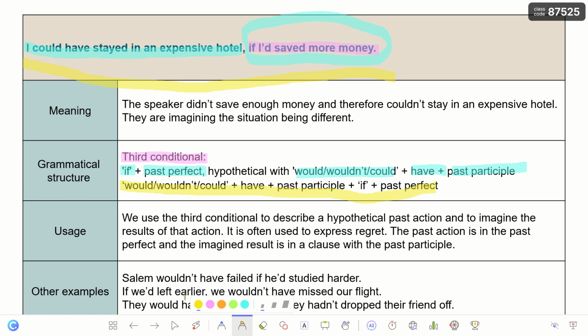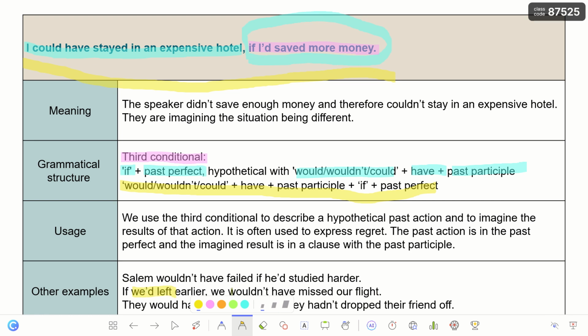If we had left earlier فيها أسف، فيها regretting، بس الحقيقة هم غادروا متأخر. هم لو غادروا باكرا ما كانوا راحت عليهم الطيارة. أوكي، بس هم الحقيقة إنه هم غادروا متأخرين فالنتيجة كانت إنه they missed their flight.